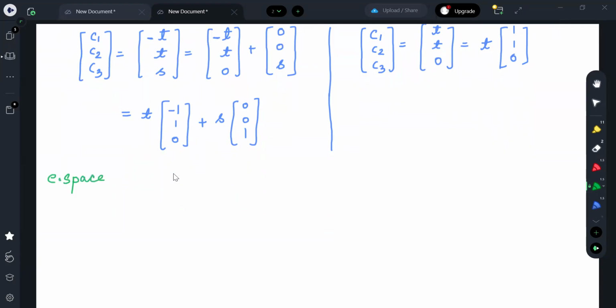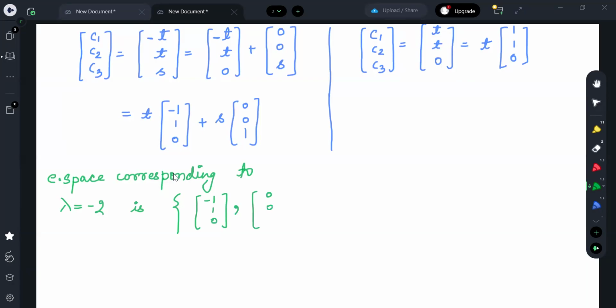Eigenspace corresponding to the eigenvalue lambda equals negative 2 is, it has two vectors, negative 1, 1, 0, and 0, 0, 1. If you recall, each eigenvalue has infinitely many eigenvectors, but they will be a linear combination of these two.